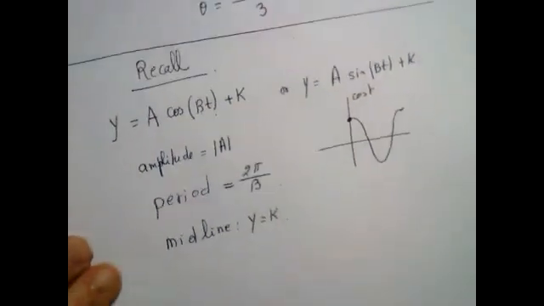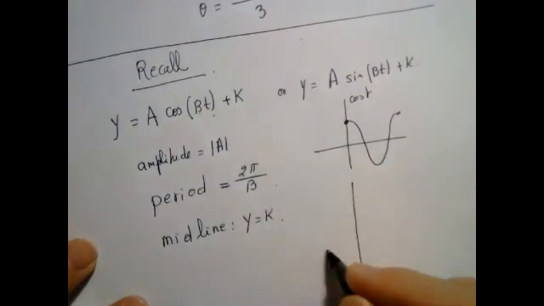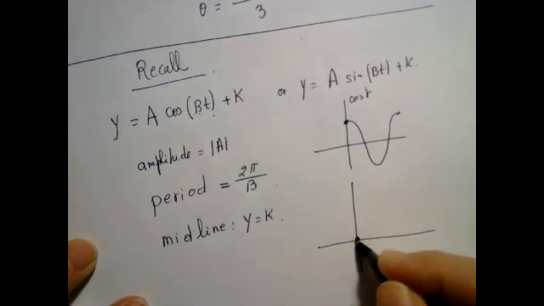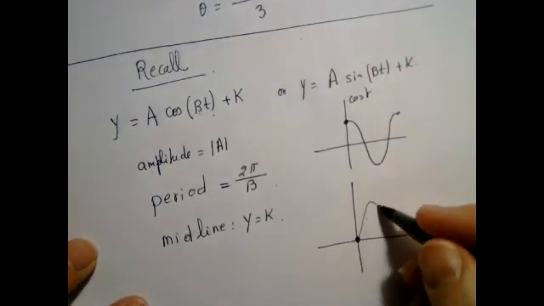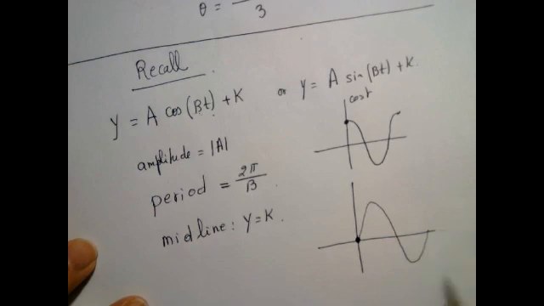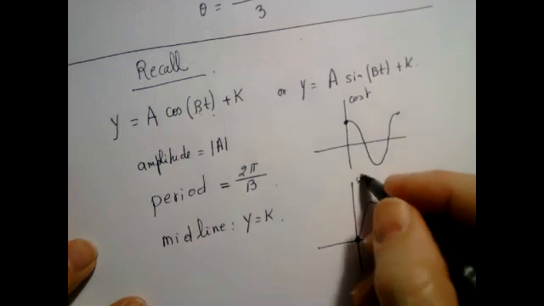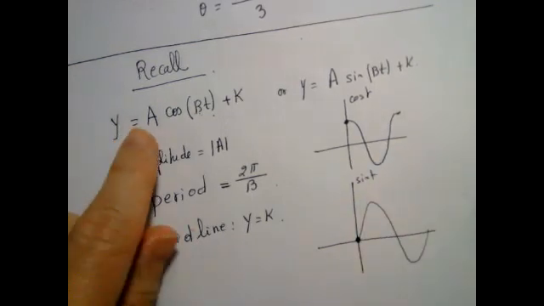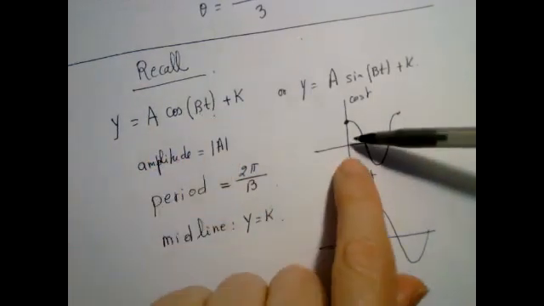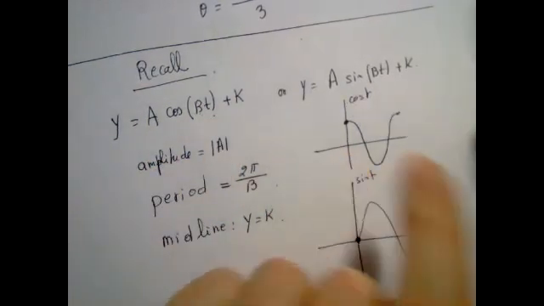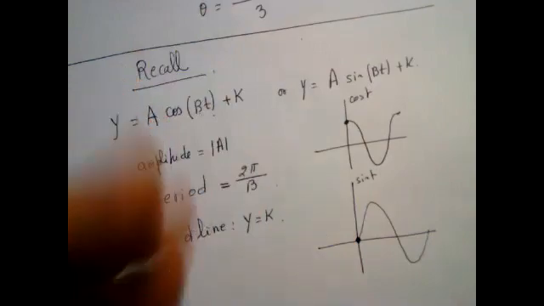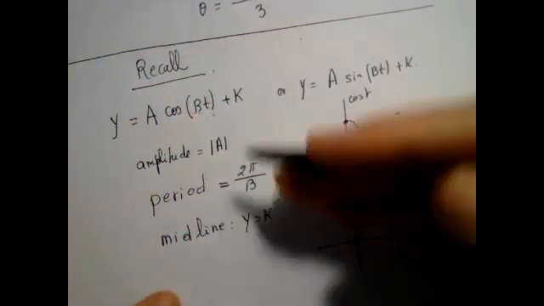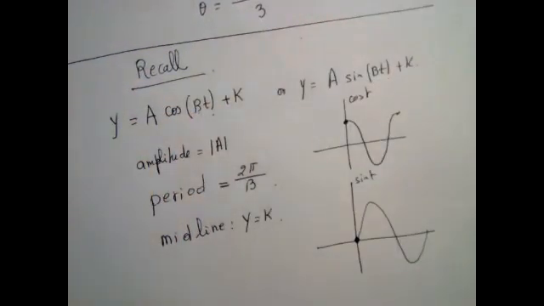And the sine starts at the midpoint, goes up, down, back here. So this is the sine and this is the cosine. Those functions will basically stretch the cosine, either shrink it or expand it by affecting the period, and shift it up and down. So this is a quick reminder of those functions.